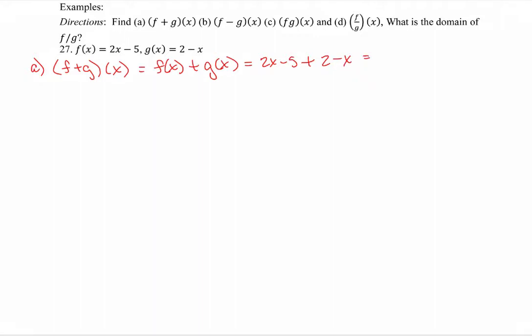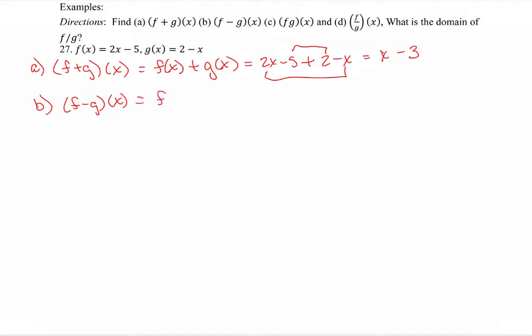So then that is x minus, I can only add terms that are alike, so I can add these two and I can add these two, or I can combine the ones I've bracketed together. So minus 3.